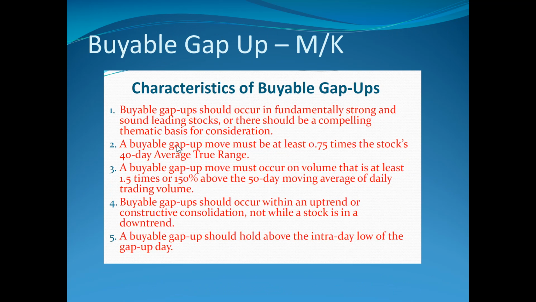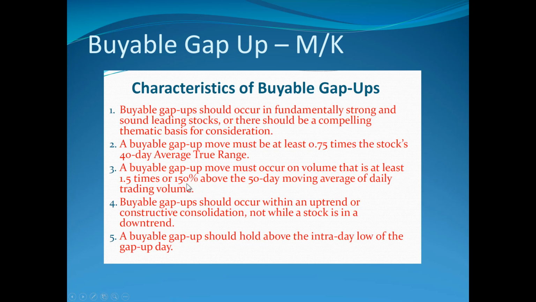The Bible gap ups, these occur in great stocks, and although many of us might be afraid in a stock that's had a nice run to buy a gap, Gil and Chris have re-educated me as to the importance of gaps, and the specifics of their Bible gap ups, which are written here. 0.75 times the stock's 40-day ATR is the amount of the gap or more.